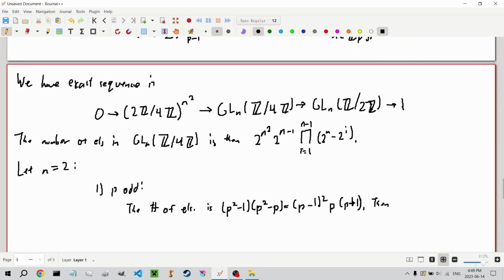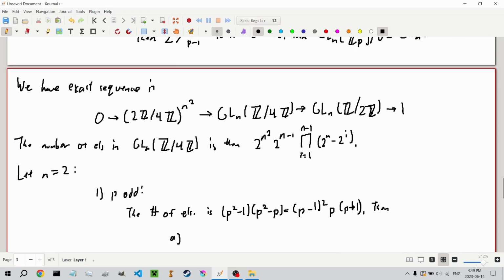Then, first off, p squared minus 1 is congruent to 0 mod 8.